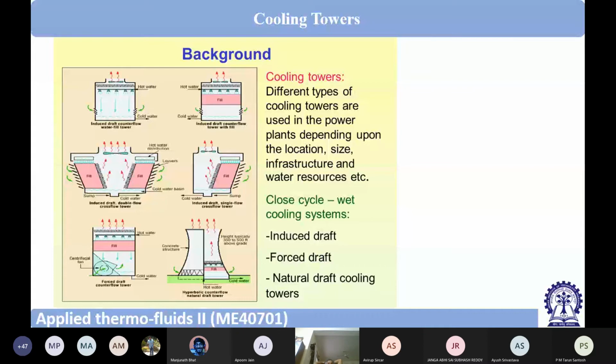Those cooling towers do not have any fan, so those are called atmospheric cooling towers. Other than that, the cooling tower can have a fan, and when the cooling tower is having a fan, we call it mechanical draft cooling tower. Otherwise, the cooling tower can have a very big chimney, and then it is called natural draft cooling tower.